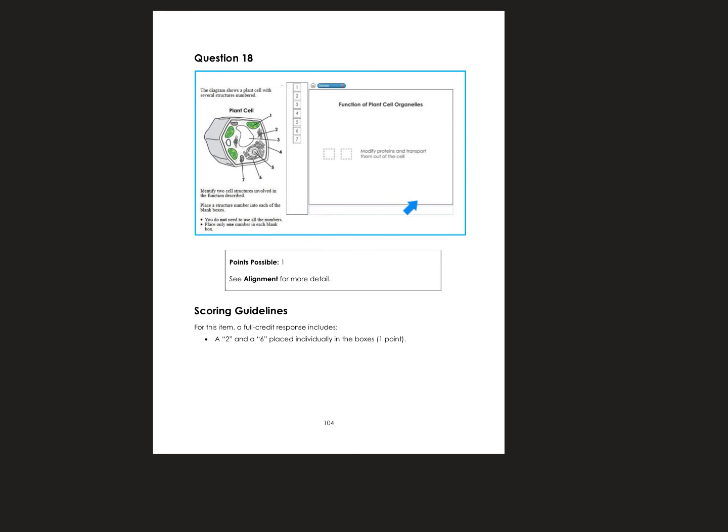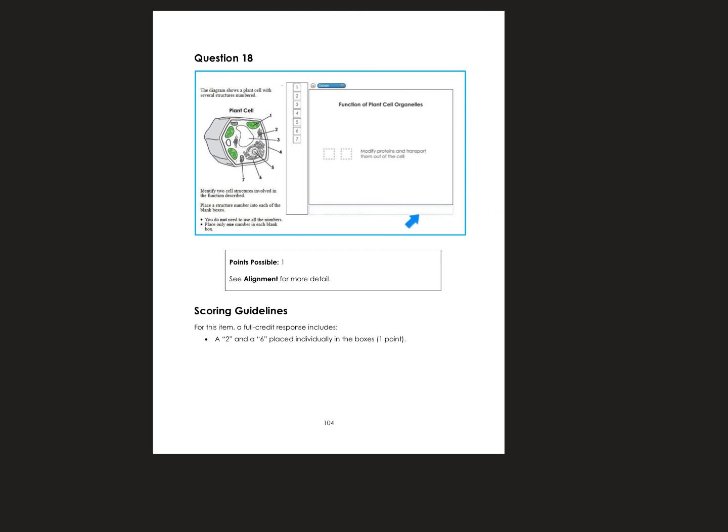Which one of these is going to modify proteins and transfer them out of the cell? So 2 of them are going to be involved in this. Identify 2 cell structures involved in the function described. Please place a structure number into each of the boxes. You do not need to use all the numbers, and place only one number in each blank box. There's only 2 blank boxes.